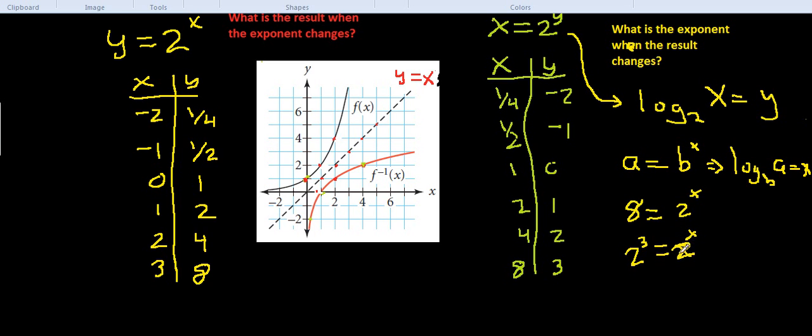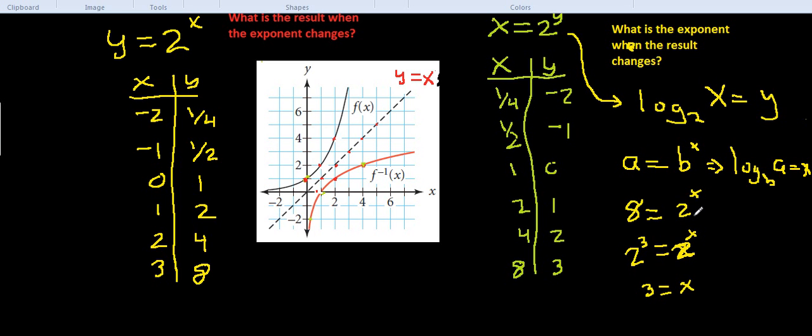If the common base is 2, what can we say about the exponents? Well, they should be the same. So we can answer the question, 3 equals x. But let's assume that we didn't know that, and we want to use logarithms, the inverse, to ask the question, what is the exponent x when we know what the result is?